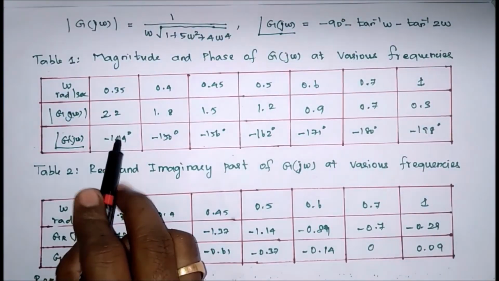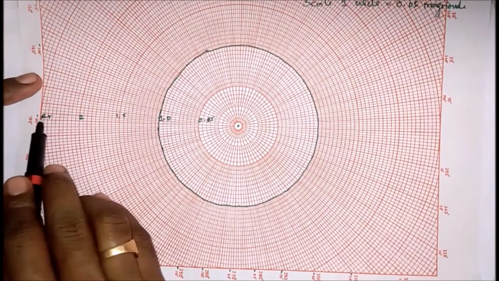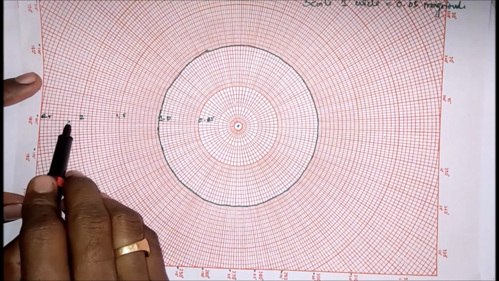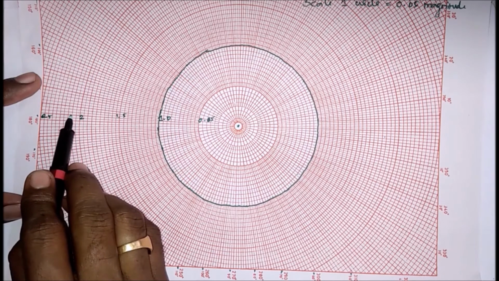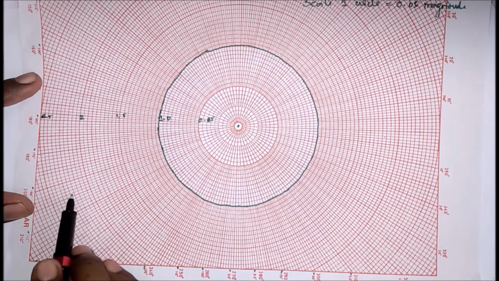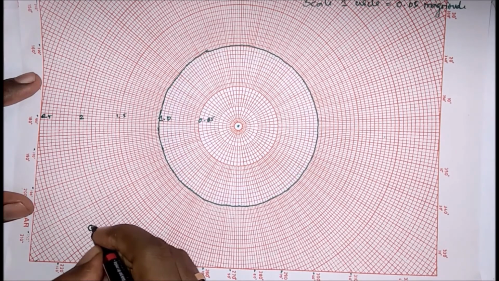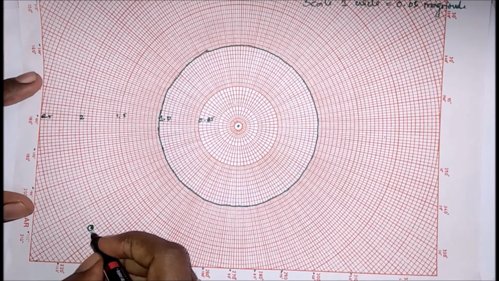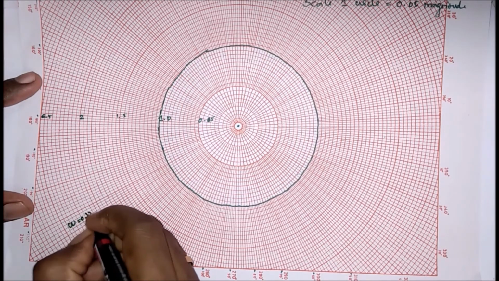For minus 144, the magnitude is 2.2. This is 2, this is 2.5, so 2.05, 2.1, 2.15, 2.2. This is the point corresponding to minus 144 degree and 2.2, at omega equal to 0.35.